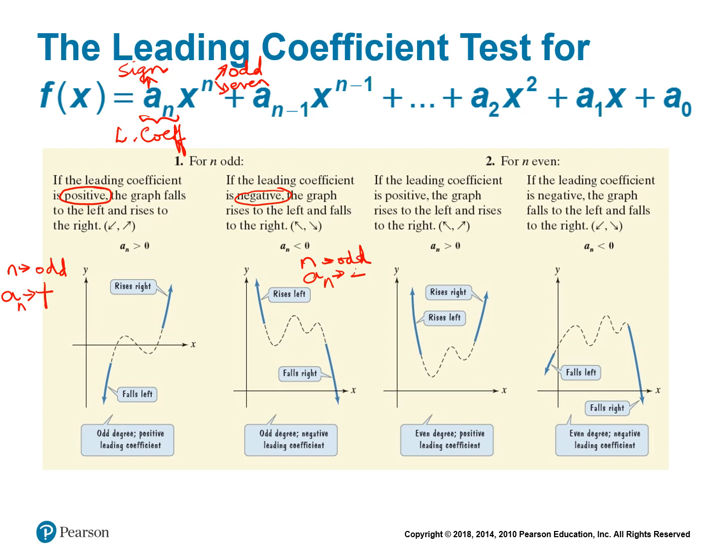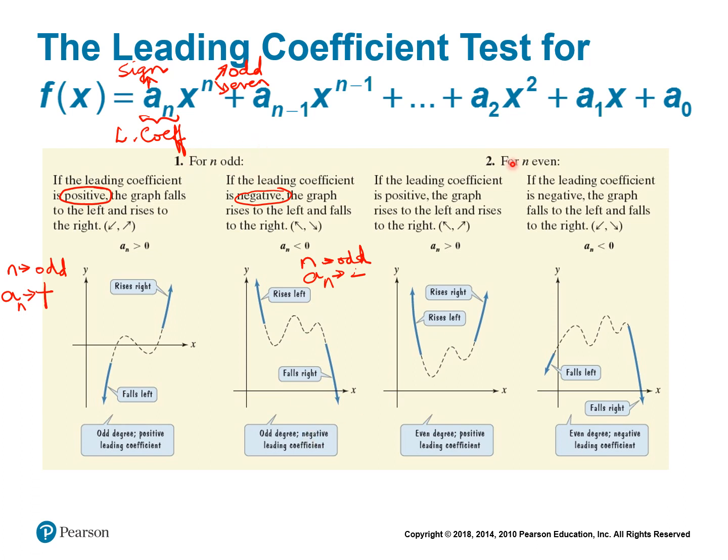Then still one end rises, the other end drops. But look at this graph. The left end rises indefinitely and the right end drops. So if n is odd and the coefficient is a negative value, then it rises to the left and drops to the right. So we are done with when n is odd.